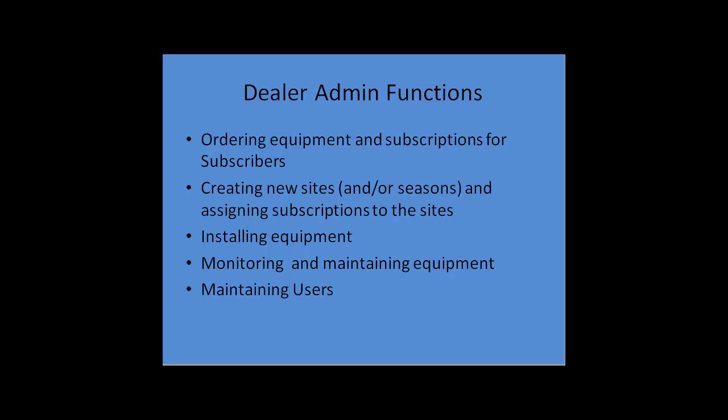You will then physically install the equipment, and over the season you will monitor that equipment using tools provided in AgSpy. You will maintain the equipment if problems occur. Under certain circumstances, you will need to occasionally add users and grant them access to AgSpy. Of course, your AgSpy representative is available to provide you with assistance when you need help.